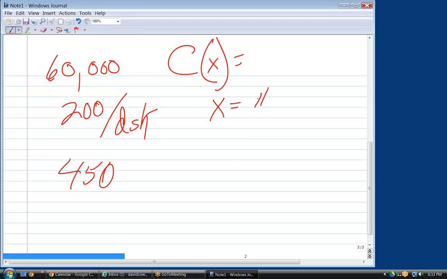The number of desks, right? Okay. So our cost function is 60,000 plus 200x.